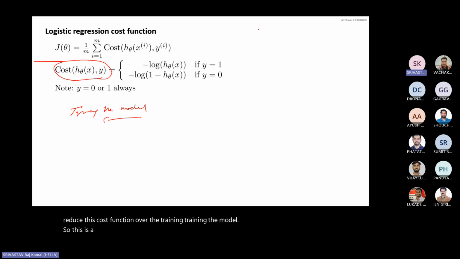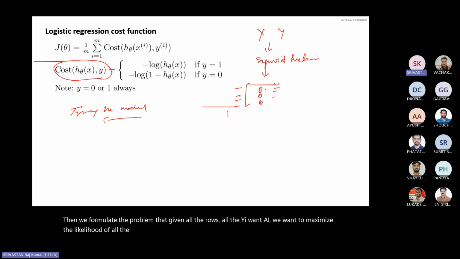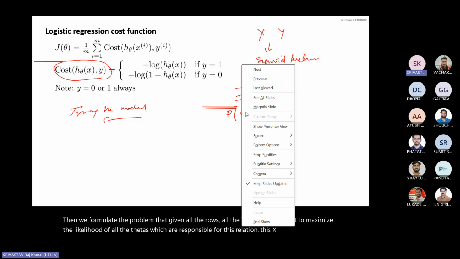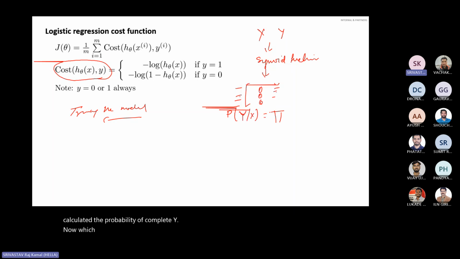We started from x, y. We understood the sigmoid function. Then we formulated the problem that, given all the rows, all the y, we want to maximize the likelihood of all the thetas which are responsible for this relation between x and y. Therefore, we calculated the probability of complete y given x, which is nothing but the multiplication of the probability of all the rows given x.